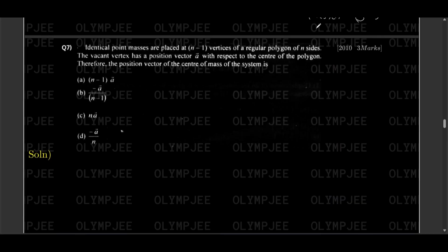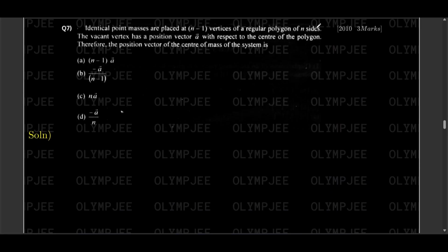So moving on to question 7, it says that identical point masses are placed at n minus 1 vertices of a regular polygon of n sides. The vacant vertex has a position vector a with respect to the center of the polygon. Therefore, the position vector of the center of mass of the system is.